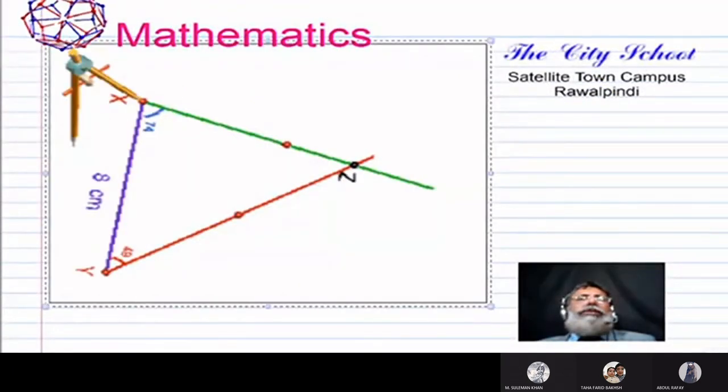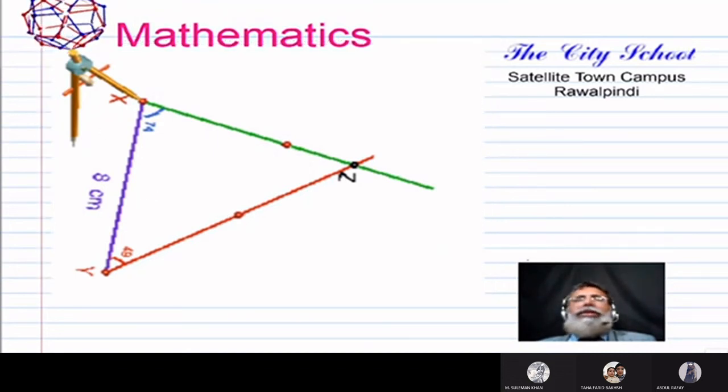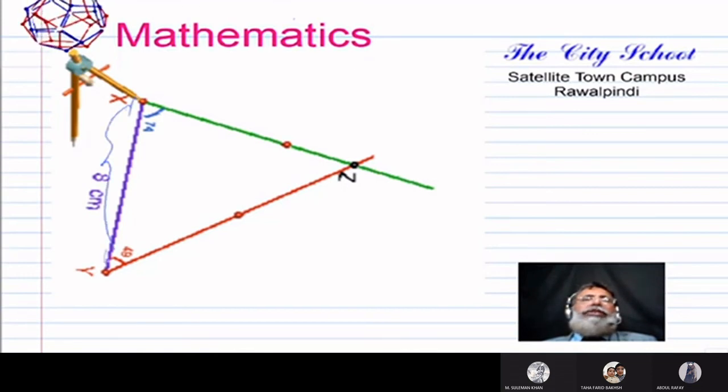Now you can see here that the triangle is simple. The triangle is not complex at the beginning. Now this is X and this is Y. In the beginning the triangle is not complex, but there are many requirements that are making it complex. First of all, it's saying the perpendicular bisector of X and Y needs to be drawn. So that's why we are making the perpendicular bisector of it.